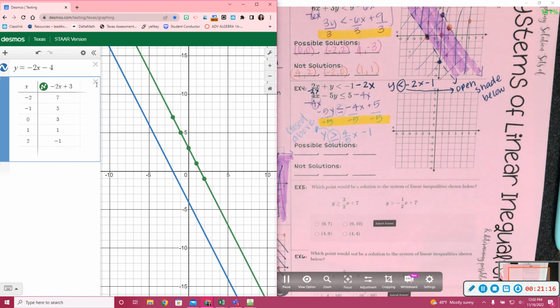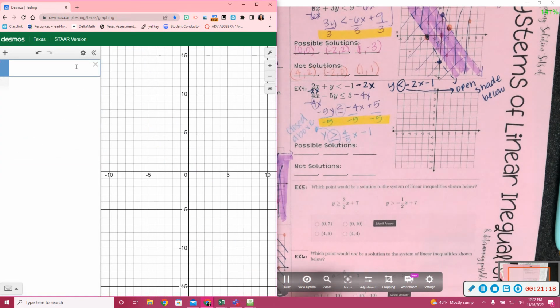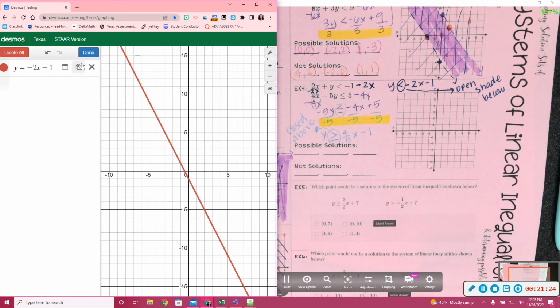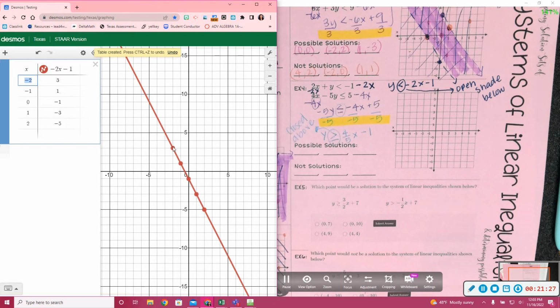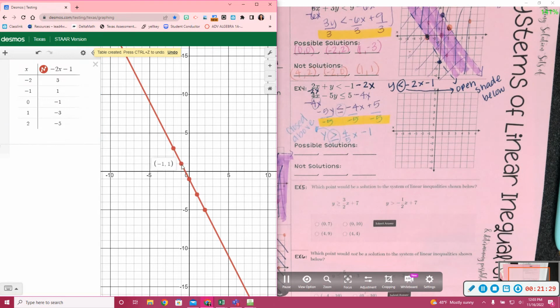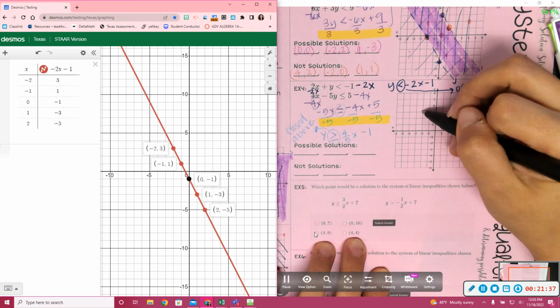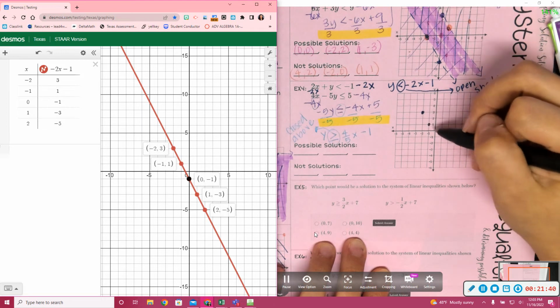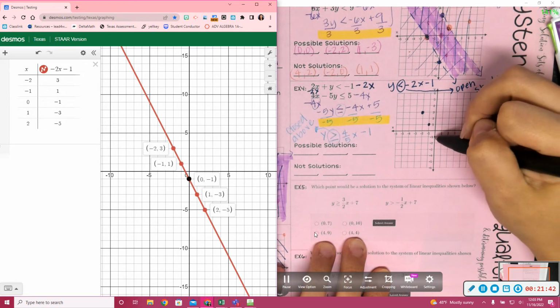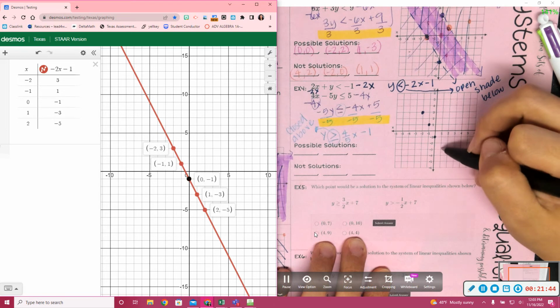So let's use our Desmos. First one is y equals negative 2x minus 1. And I'll bring up a table so it shows me some pretty points. And then you can click on them to see exactly where they're at. Negative 2, 3, negative 1, 1, 0, negative 1, 1, negative 3, 2, negative 5.